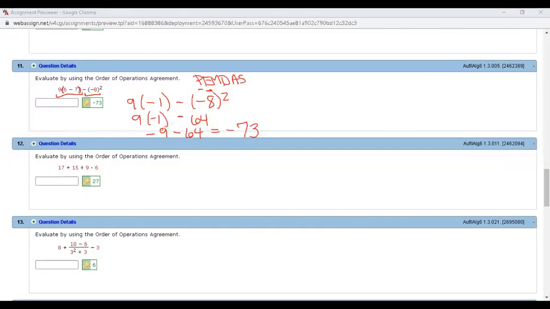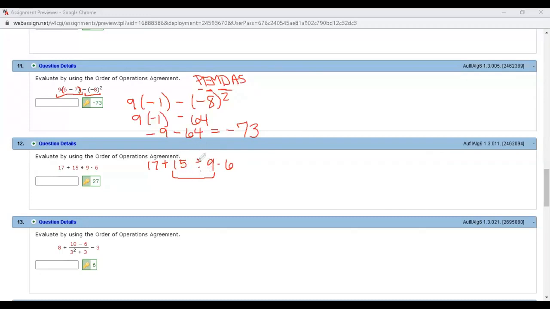So for number 12, we got 17 plus 15 divided by 9 times 6. So according to PEMDAS, we have to do this division first. Remember, we do multiplication and division from left to right. So because the division is first, we do the division first.